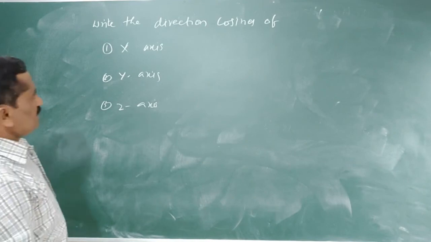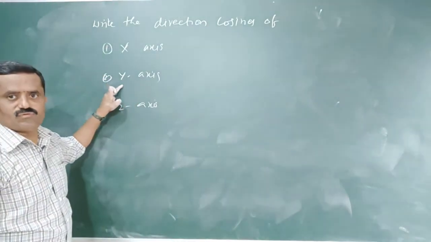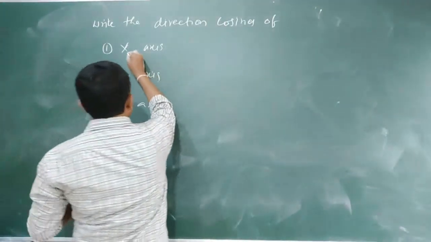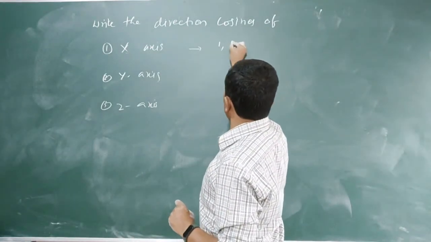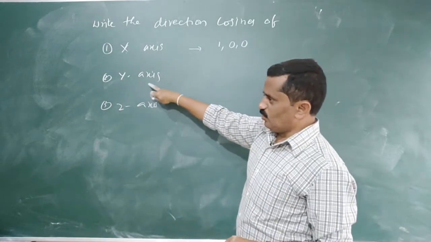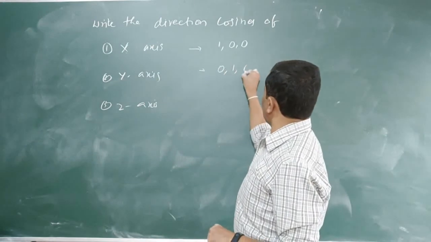Next, write the direction cosines of the x-axis, y-axis and z-axis. The direction cosines of the x-axis are 1, 0, 0. Similarly, the direction cosines of the y-axis are 0, 1, 0.